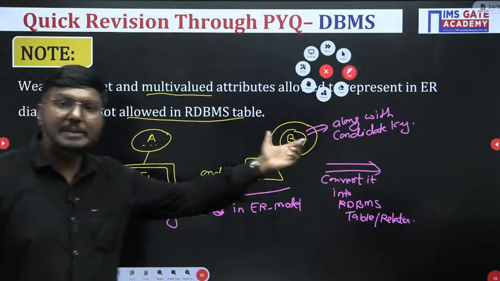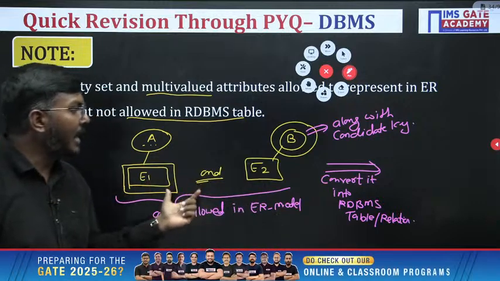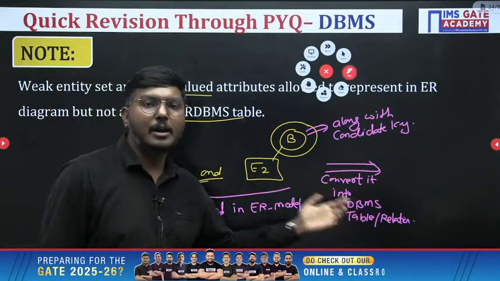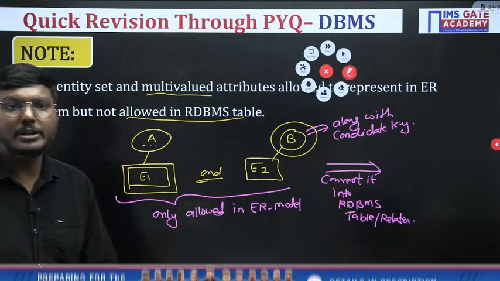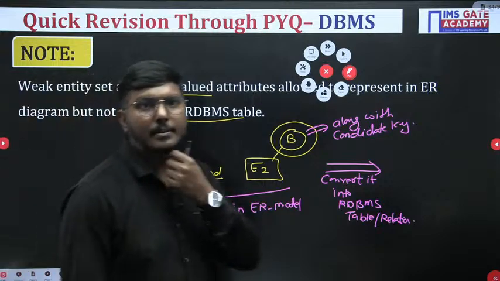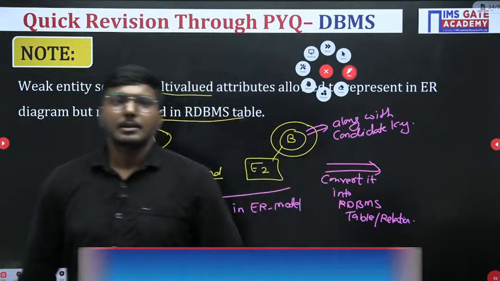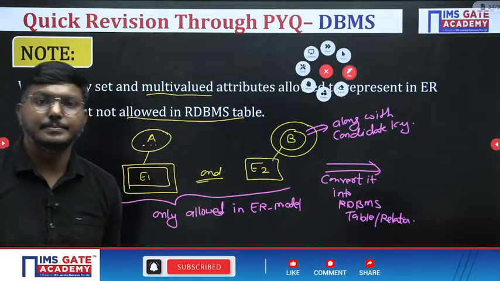Okay. So the multi-valued attributes and the weak entity sets are only allowed in the ER model. In an RDBMS table there is no concept of weak entity sets or multi-valued attributes. Understood? Any doubt here? Any doubt? Anyone?